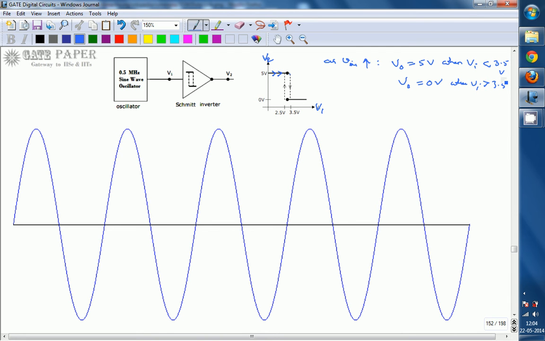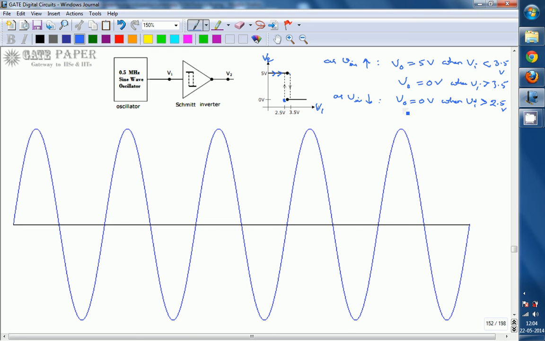This is called the upper threshold point. As V input reduces from a higher value, that is, you are moving from right to left, for the decreasing input V0 will be at 0 volts as long as Vi is greater than 2.5 volts.